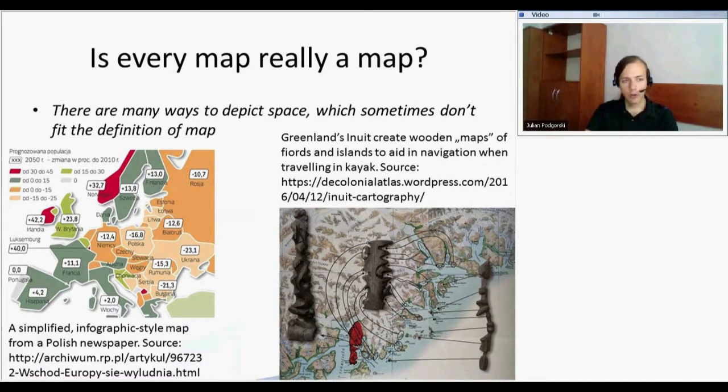On the left-hand side, you can see this colorful map of Europe, although it's not properly a map. It's an infographic that shows some kind of population forecast. It doesn't really matter what those numbers mean. What I want to say is that the borders are very, very simplified. They're very geometric.